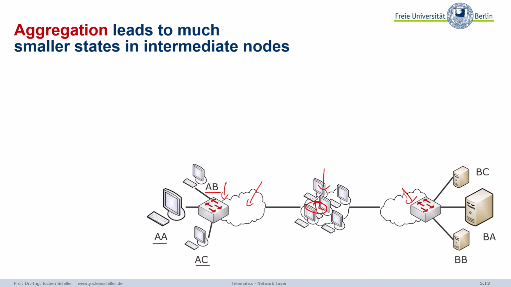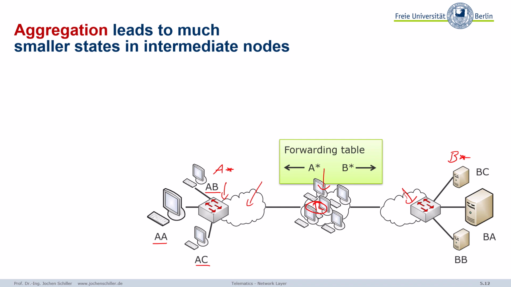Now, why does this help? Because we know all the computers on the right have B something, and on the left we have A something. That means in the middle we will have a simplified table that only says: all the A, whatever follows, to the left, and all the B, whatever follows, to the right.